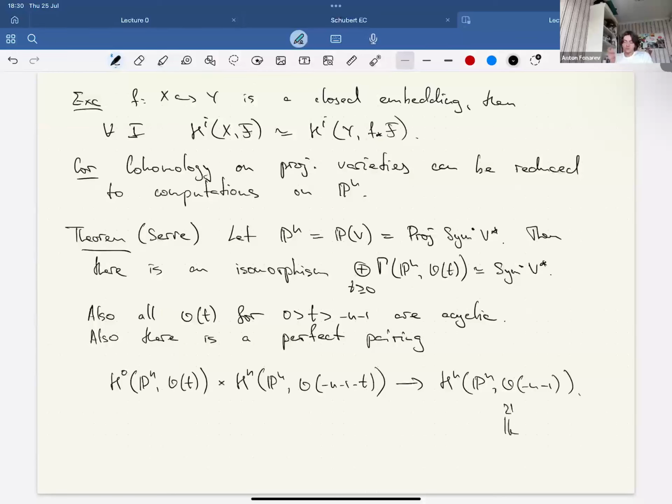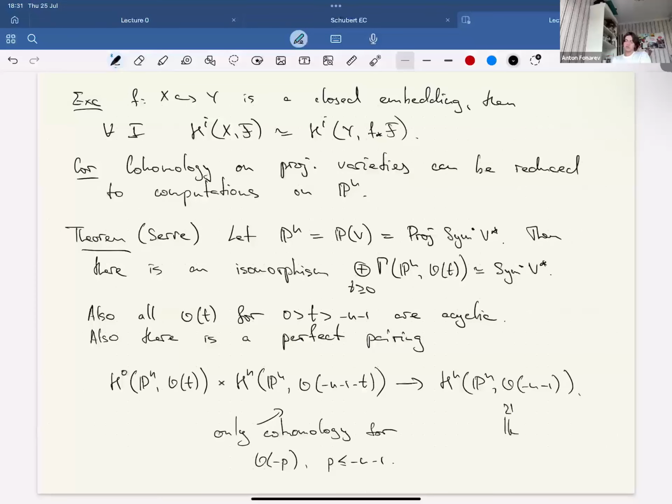And moreover, this is the only cohomology. For O of minus p, where p is less than or equal to minus n minus 1, you have only higher cohomology on these varieties.